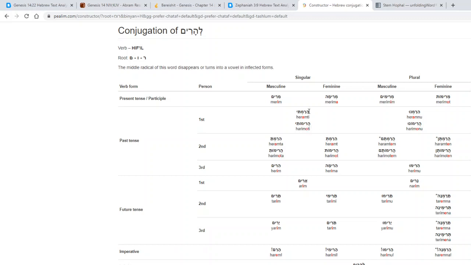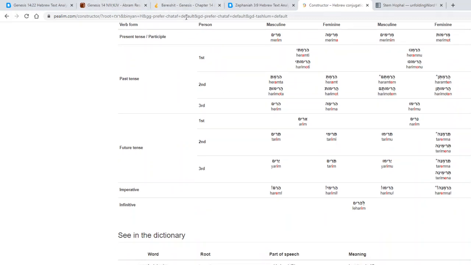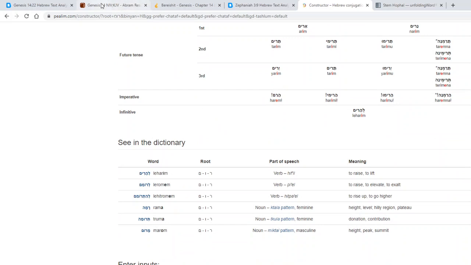Harimoti. Or Haramti. Or Haramti. Yeah, Harimoti. So there you have it in the singular. Right? Perfect. Okay.